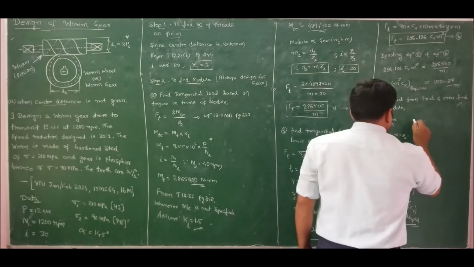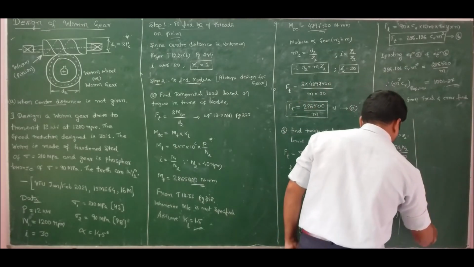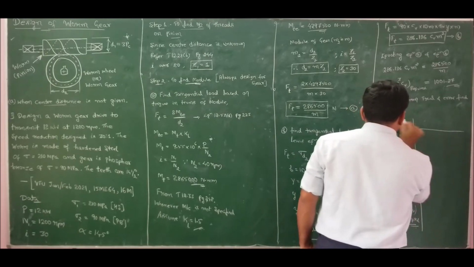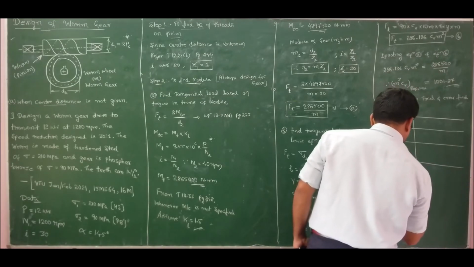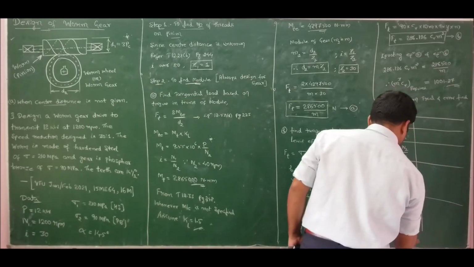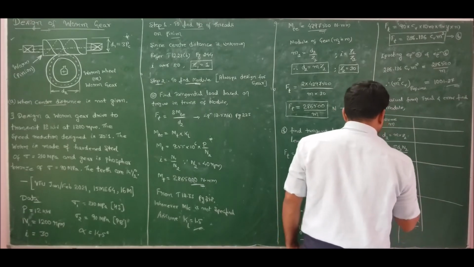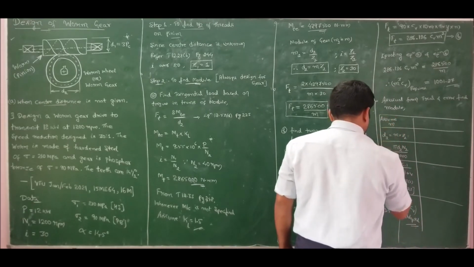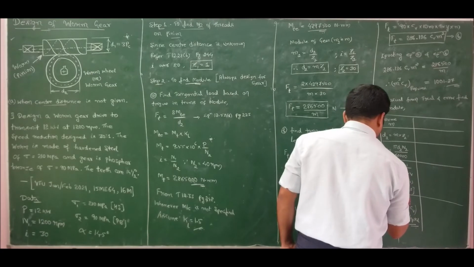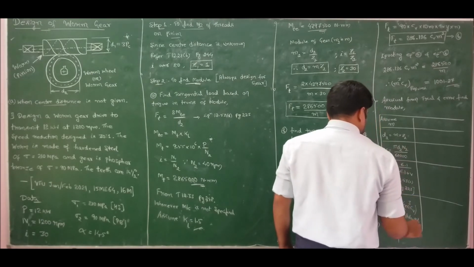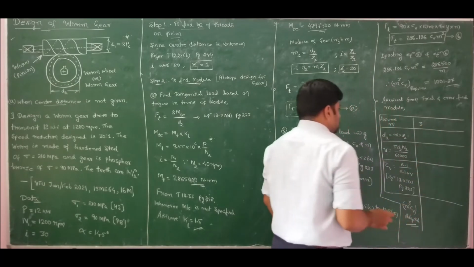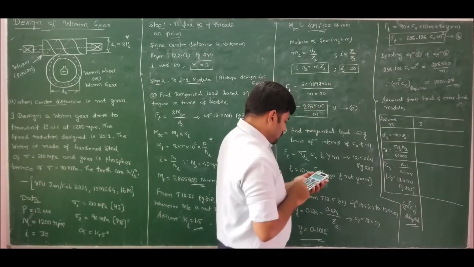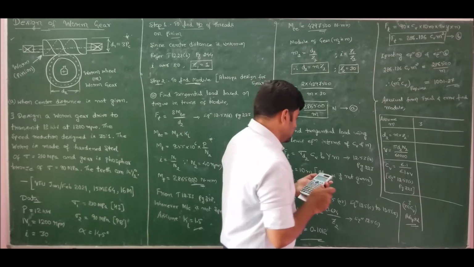So first, let me assume the module as 3 and start. If I assume module as 3, d2 will become 3 into 30, which is 90.